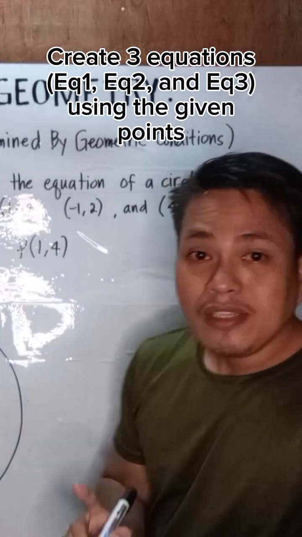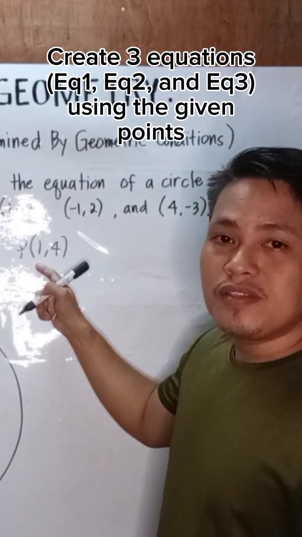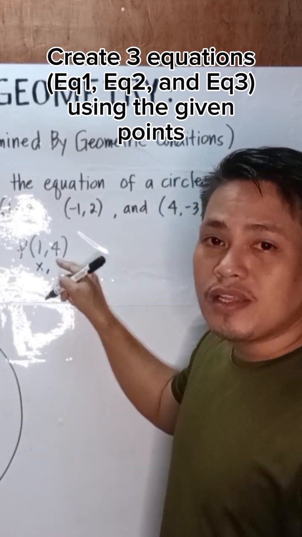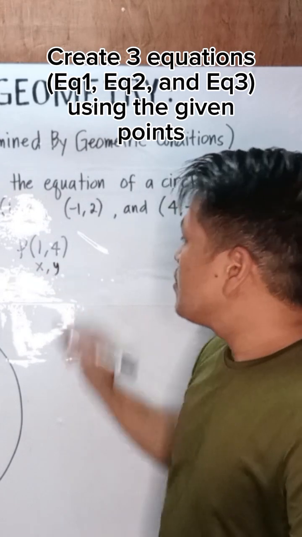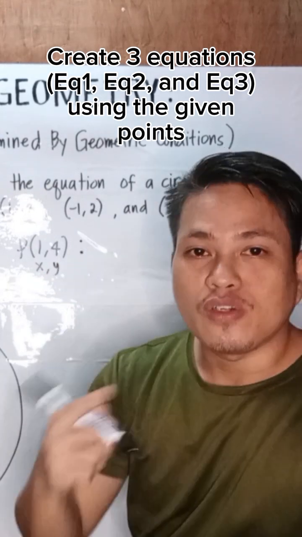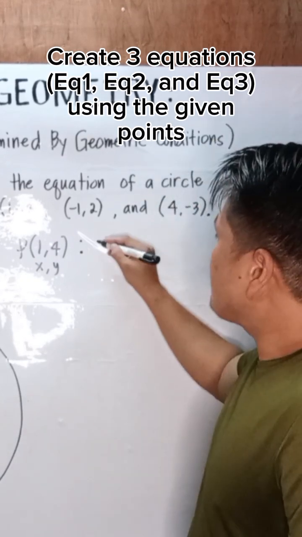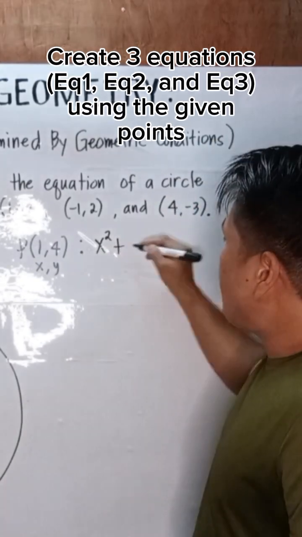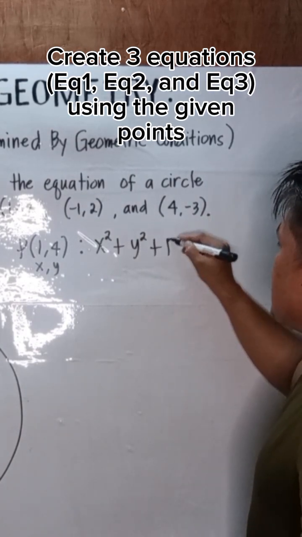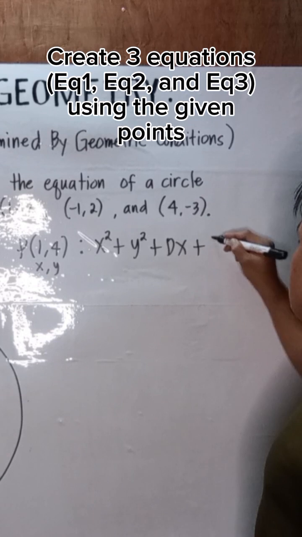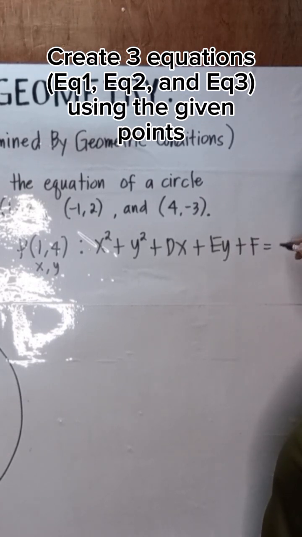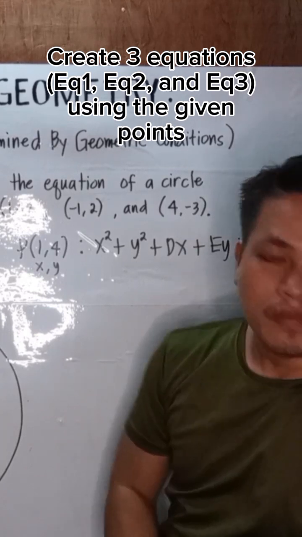Sa ating point P, ang x value natin ay 1. Then, ang y value natin is 4. And then, tandaan, ang general equation ng isang circle ay x squared plus y squared plus dx plus ey plus f is equal to 0.